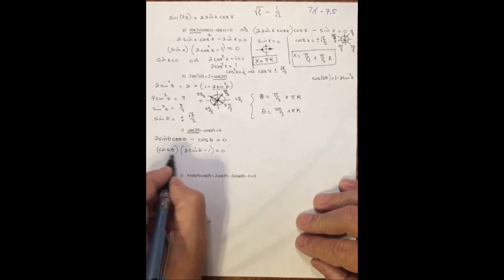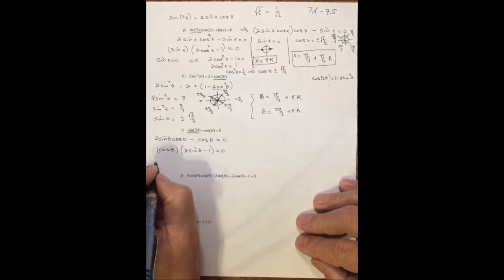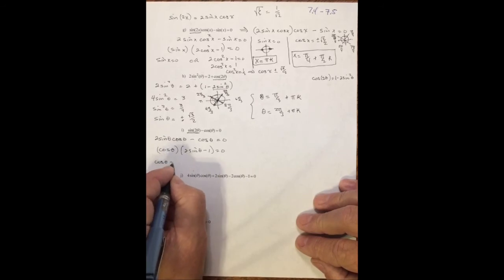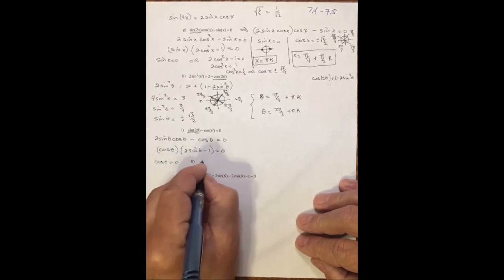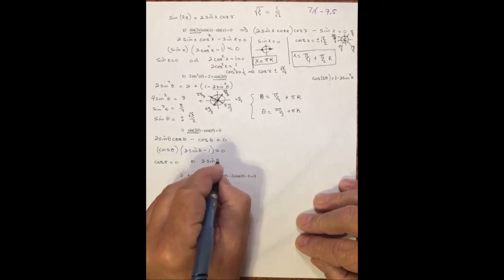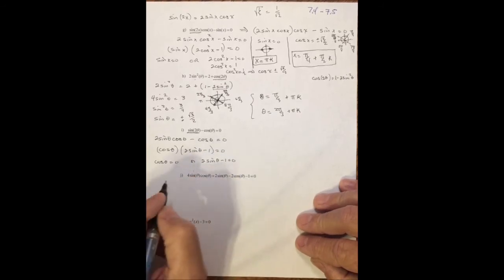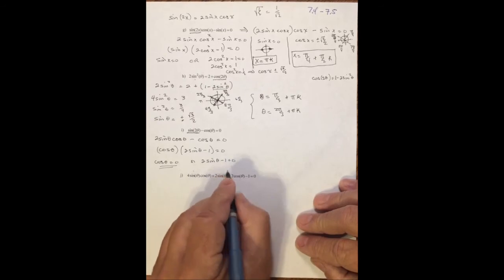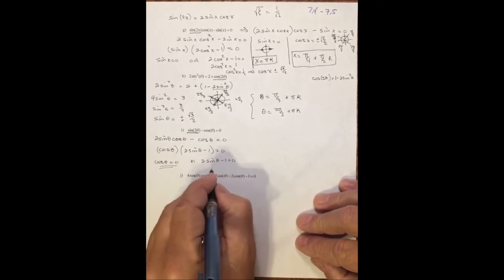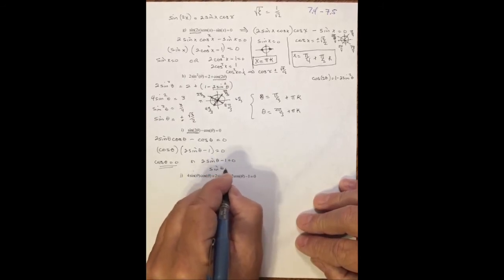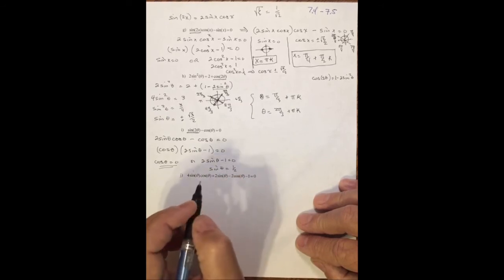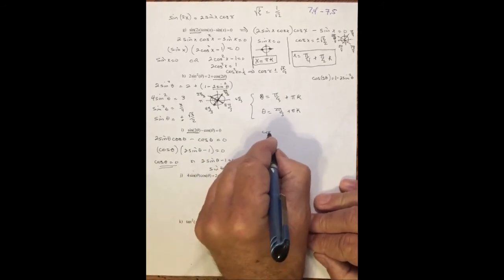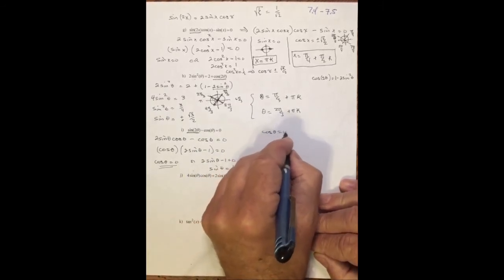So now I have two things multiplied together that give 0, so either this one is 0 or this one is 0. So that one I'm done with. This one though, there's a little more. Add 1, divide by 2, and I get the sine of theta is 1/2. So let's take them one at a time. Cosine of theta is 0.